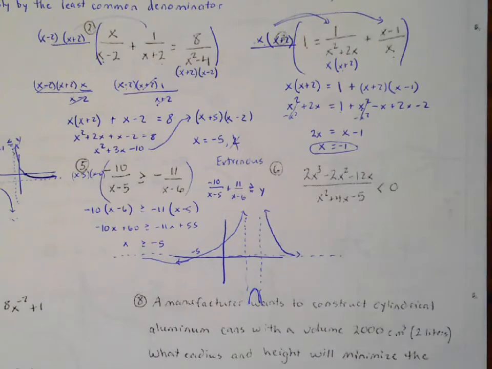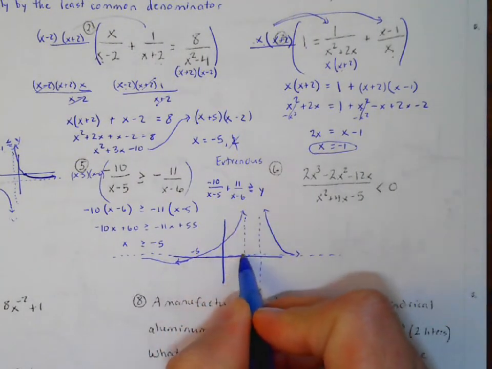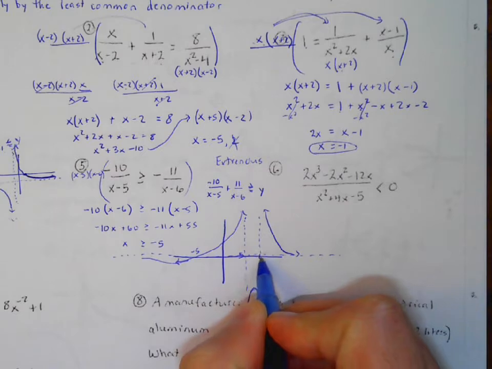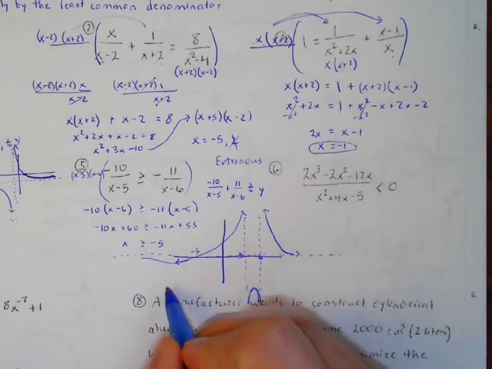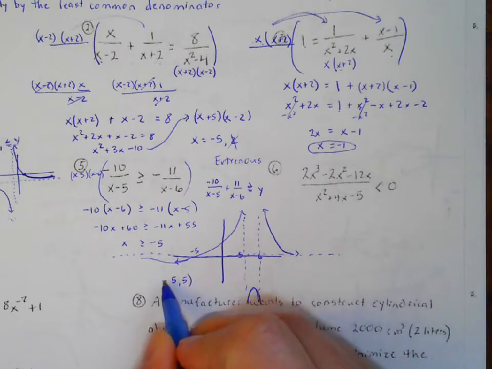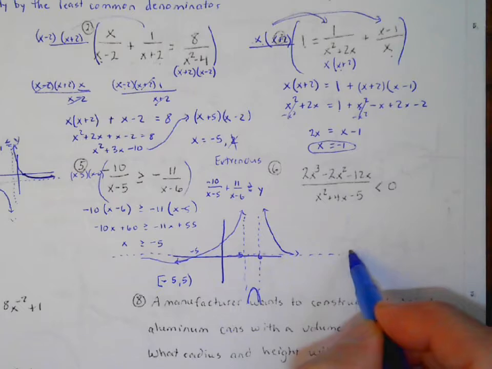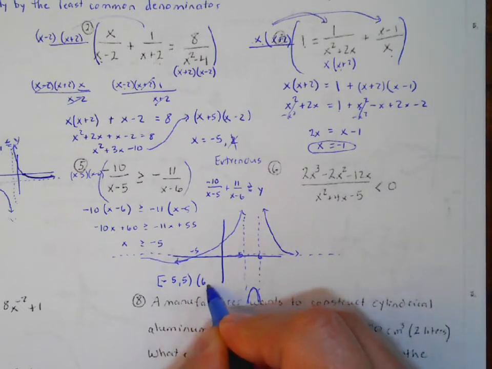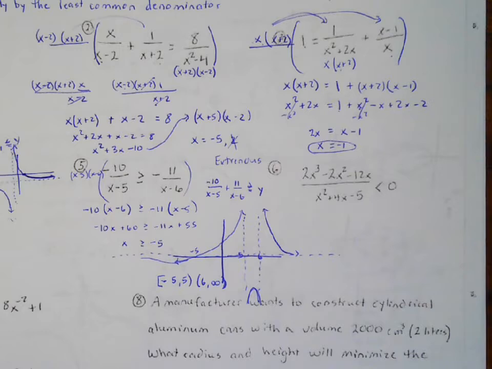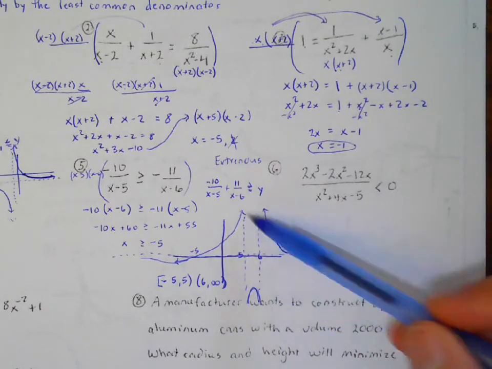So my solution would be from negative 5 to 5, and then from 6 through infinity. You really need to get a graph here because of these asymptotes.